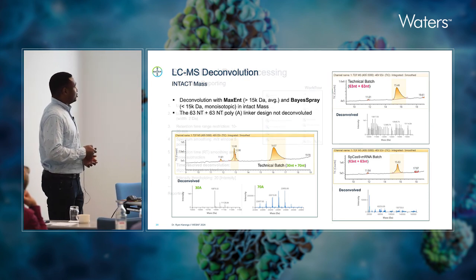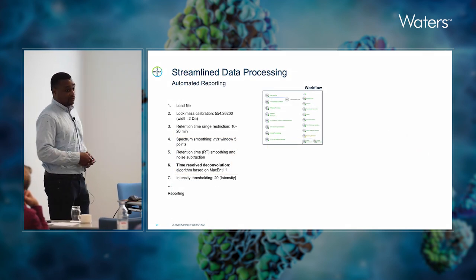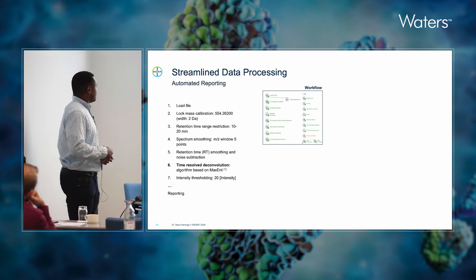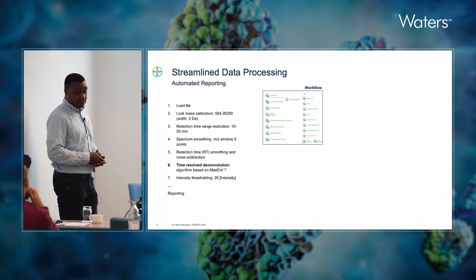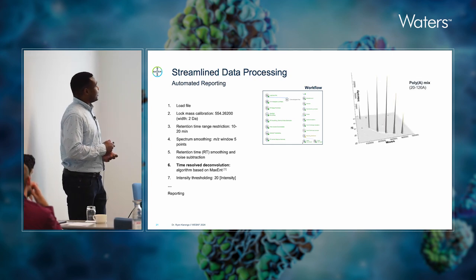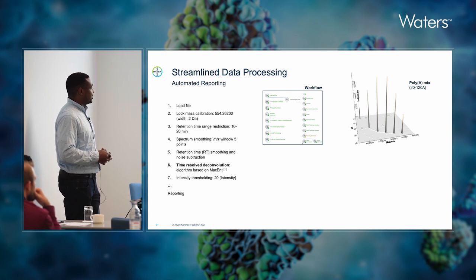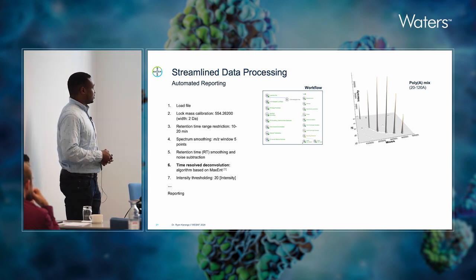So we decided to look out for a different deconvolution algorithm. In this case, we used a time-resolved deconvolution, and this allows us to deconvolute according to the information on retention time and mass, and this is the poly-A mix which we used. So the process works quite well.